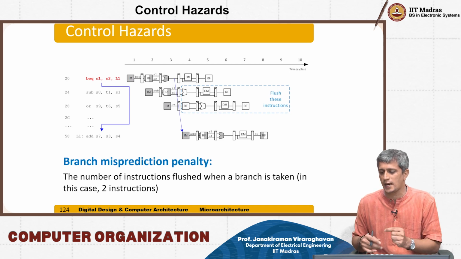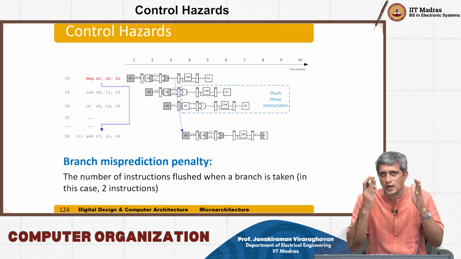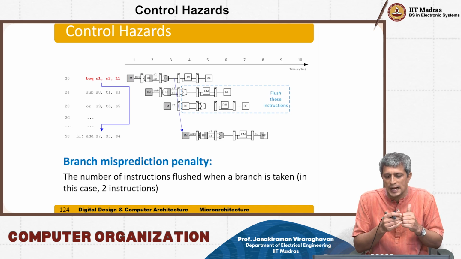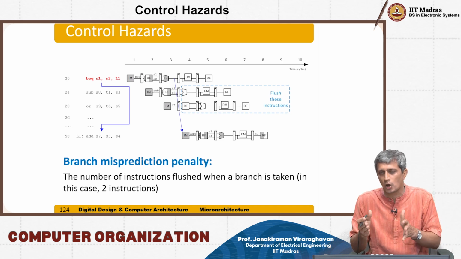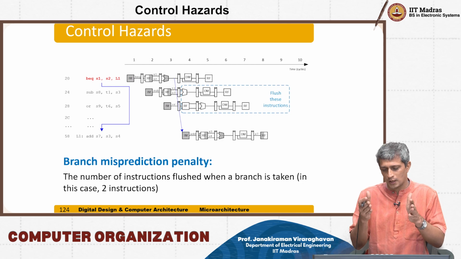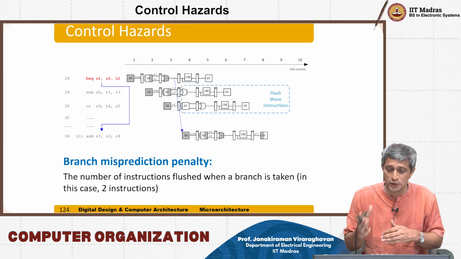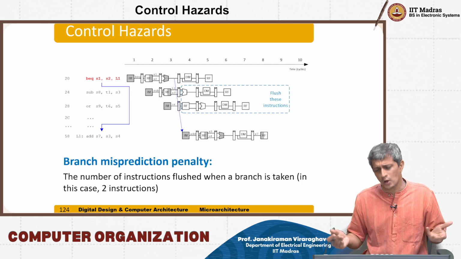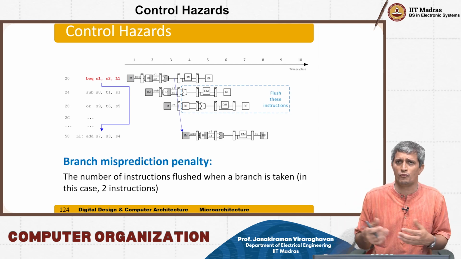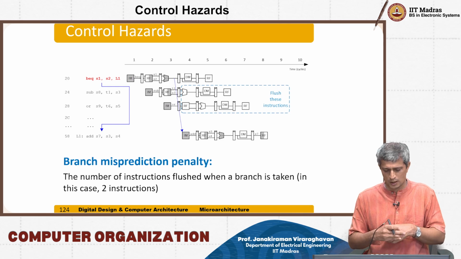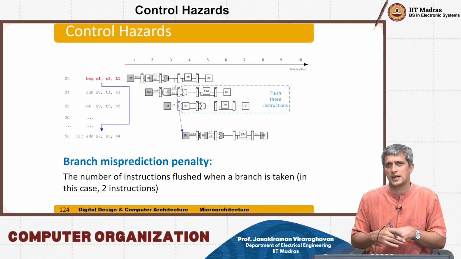Now we are saying you have no choice. You start fetching the new instruction add S7, S3, S4 in clock cycle 4, and then decode in clock cycle 5 and execute in clock cycle 6. So you have no choice but to waste 2 cycles because of this branch that has been taken.